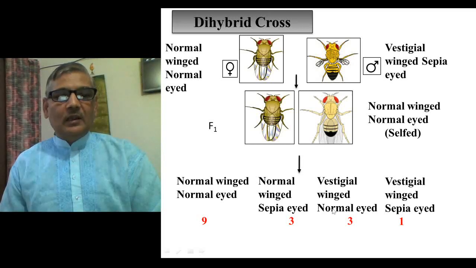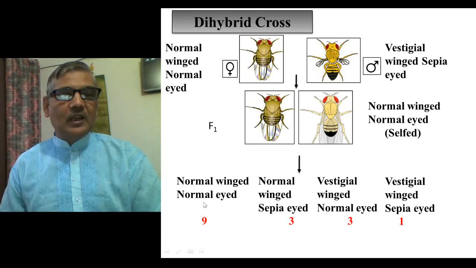And when you sort out these flies according to their phenotype and count them, then you will find that they will be in the ratio of 9:3:3:1. That is, those flies which are normal winged and normal eye colored will be 9 in number.